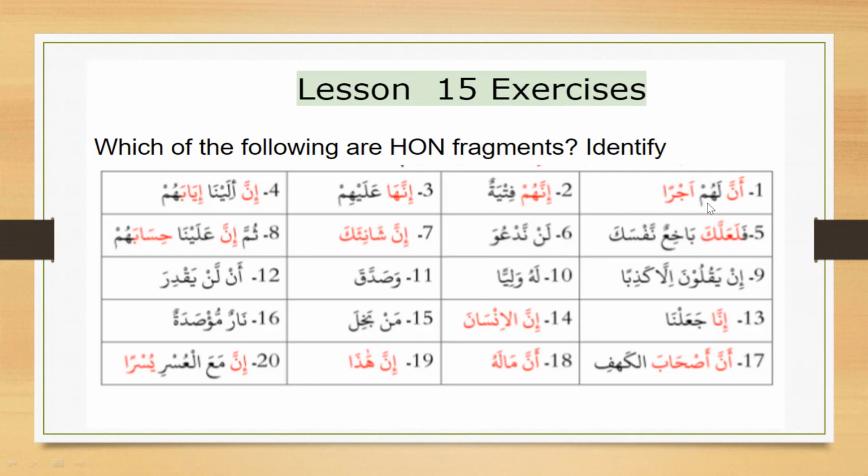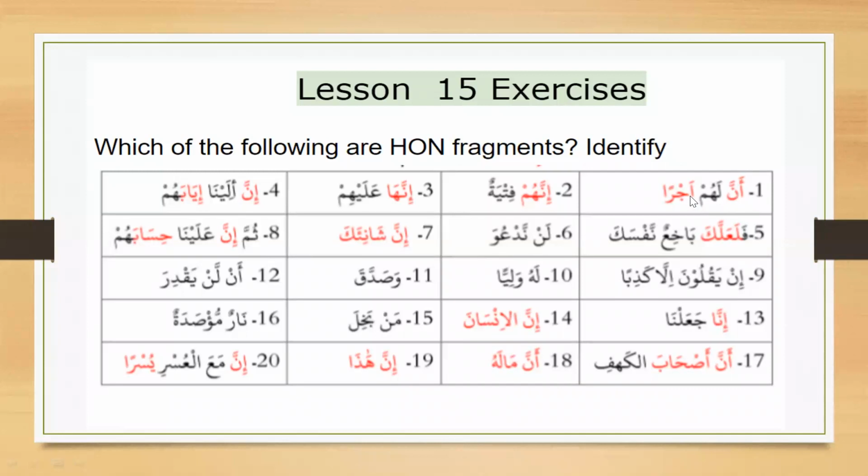Whom is attached to la, and la is what? Harf of jar. Remember, ba ta kaf lam waw, min fi an ala hatta ila. These are harf of jar. La over here is harf of jar, and whom is ism majroor, jar in status. So this cannot be the ism of anna.